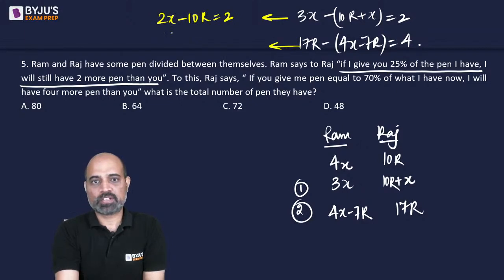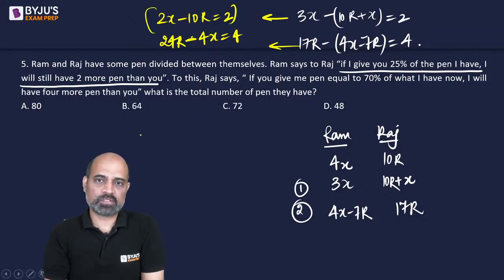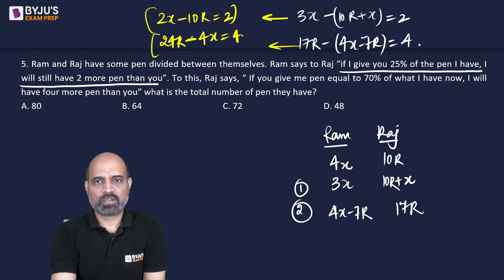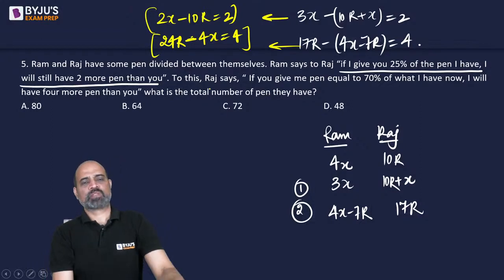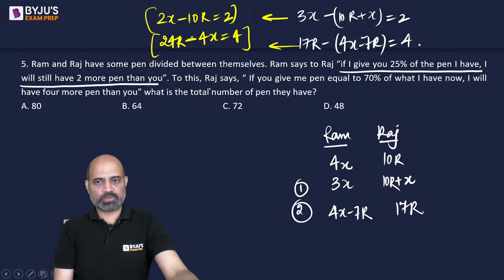The second one gives us 24R minus 4x is equal to 4. नहीं, हाँ 24 हो जाएगा ना. I will still have 2 more pens than you.